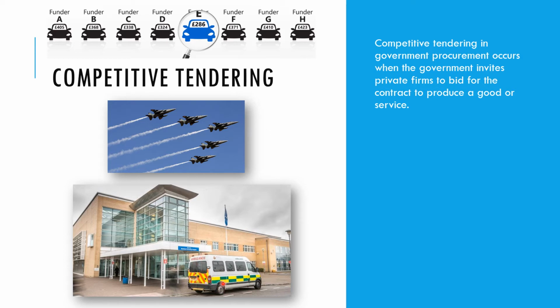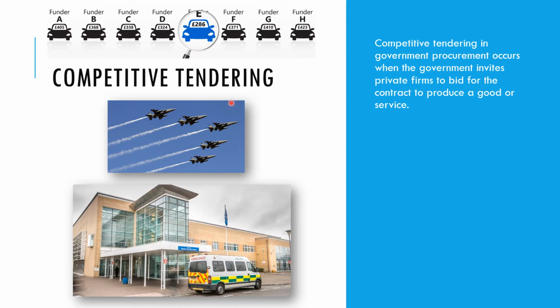They might come with different bids, different amounts of money, and we can then say, right, this one we'd only have to pay £286, for example, to provide the service per day or whatever it might be, compared to the other ones. So this is a much more efficient outcome. We've really reduced the cost of running the hospital because we've used this process of competitive tendering.